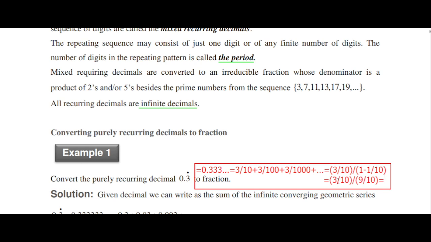Let's simplify this: 3 over 10 divided by 9 over 10, which means 10 by 10 is cancelled, 3 over 9, that is 1 over 3. So this decimal number can be expressed as a fraction like this: 0.3 recurring is equal to 1/3. This is the fraction form. This given decimal number can be expressed in fraction form as 1/3.